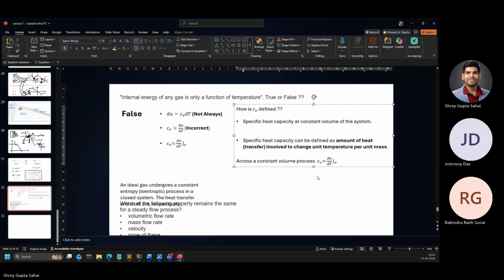Anyways, now you tell me, when you thought that internal energy is a function of only temperature, why did you say so?